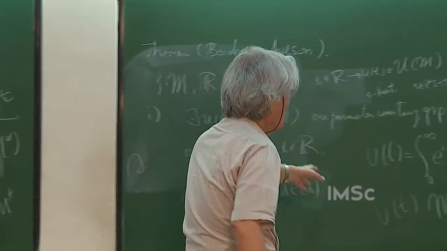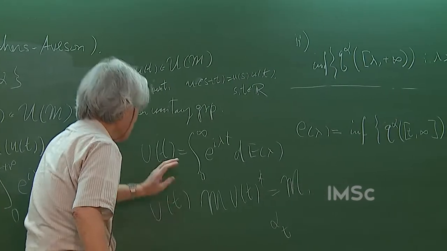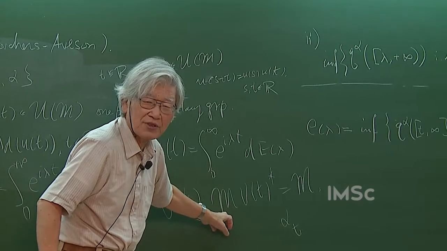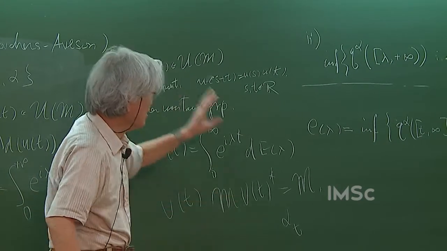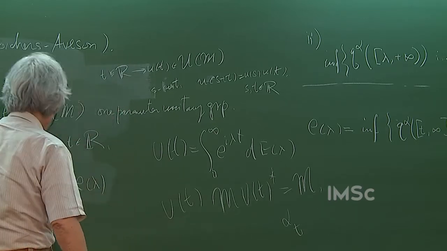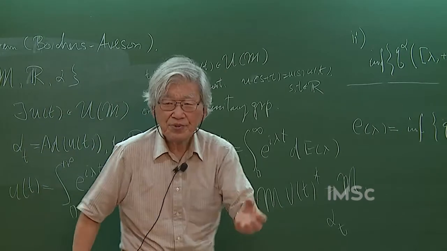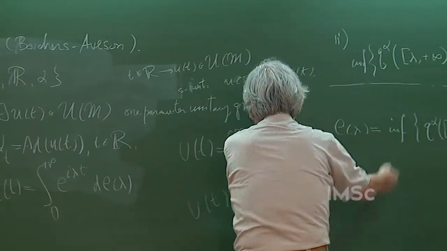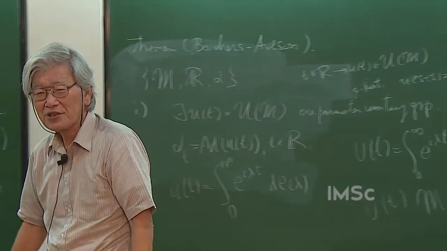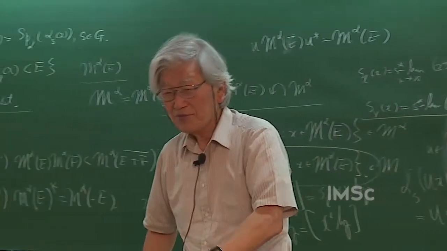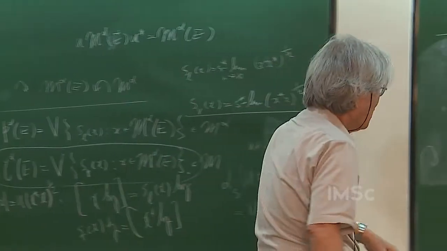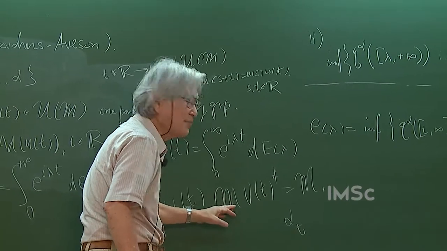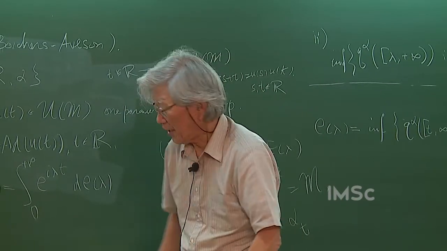Then Borchers' theorem tells you this is an automorphism. It does not say U of t is contained in M, but there is another one-parameter unitary group inside M which implements that automorphism. Of course, if you conjugate by this, then U(t) star U(t) belongs to the commutant, and that gives you the splitting of U(t) between M and its commutant.